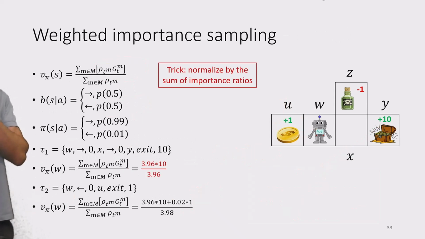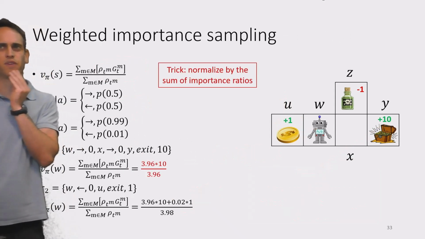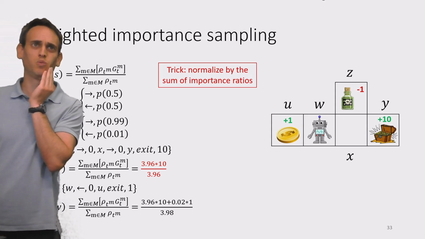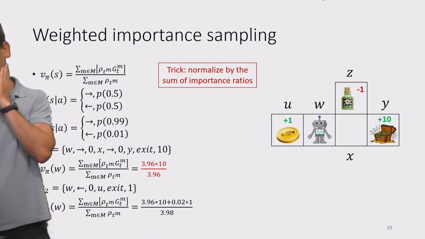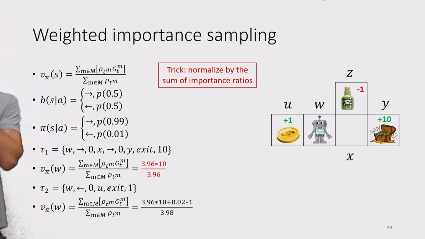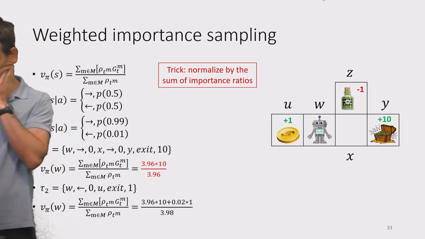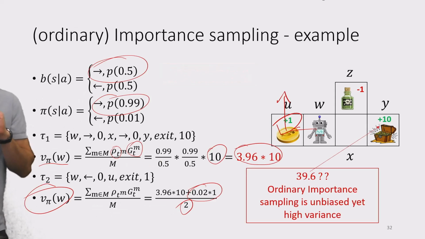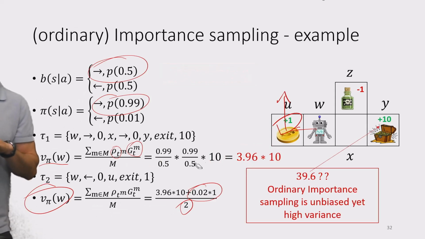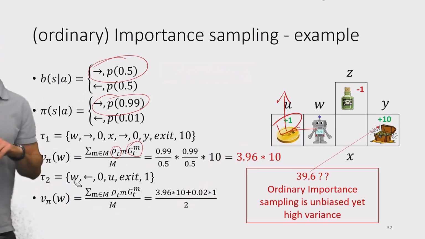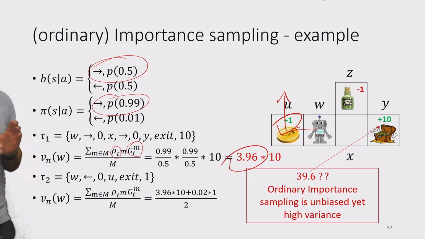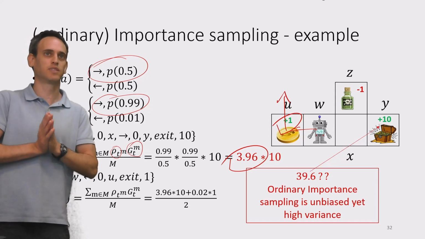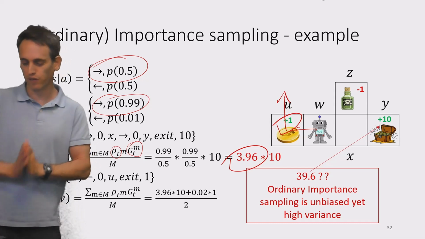Okay, so let's see how we can deal with these high variance estimations. A very simple trick would be to normalize our importance sampling ratios by the sum of importance sampling ratios. So each time, instead of simply multiplying by the importance sampling ratio, we'll multiply by the importance sampling ratio normalized by the sum of importance sampling ratios we observed so far.